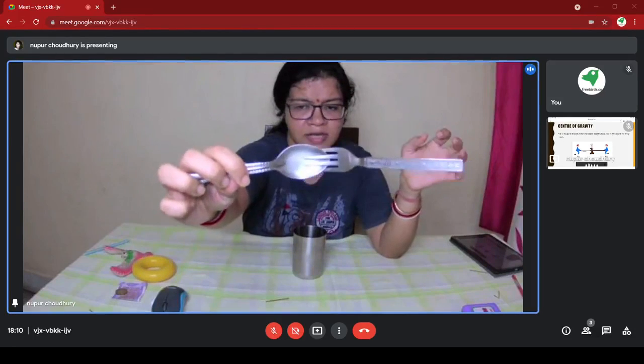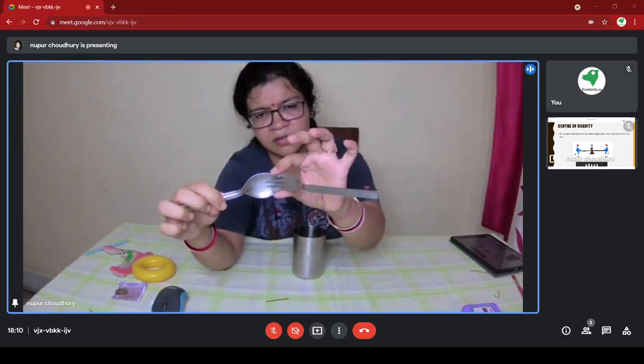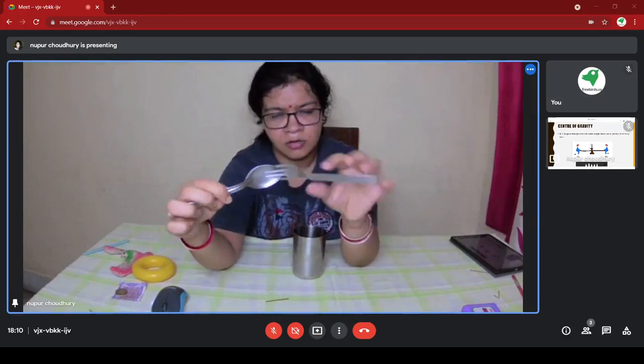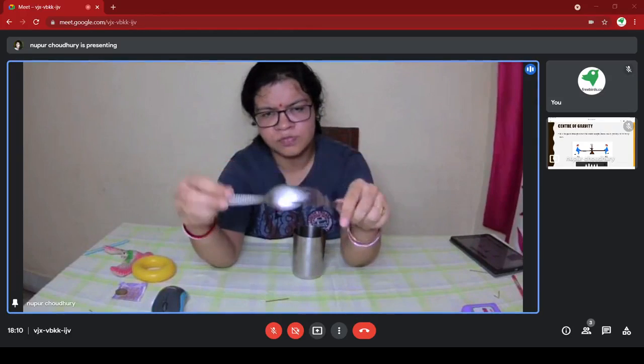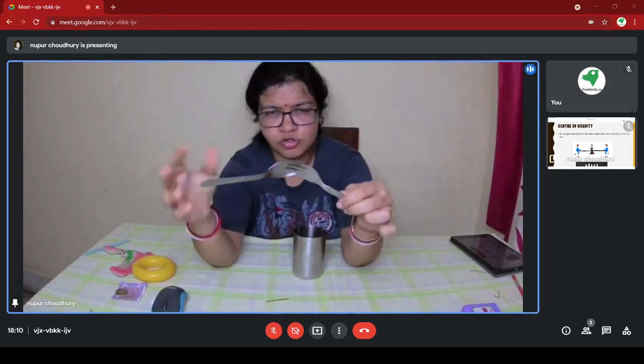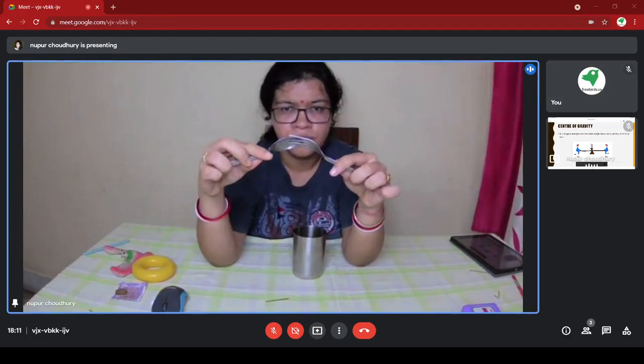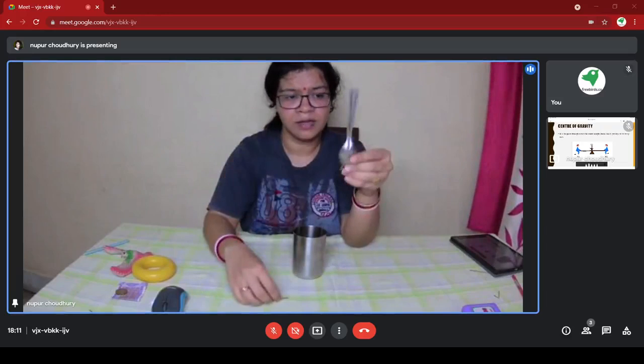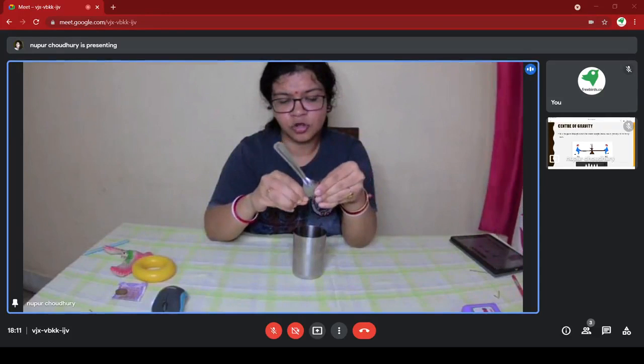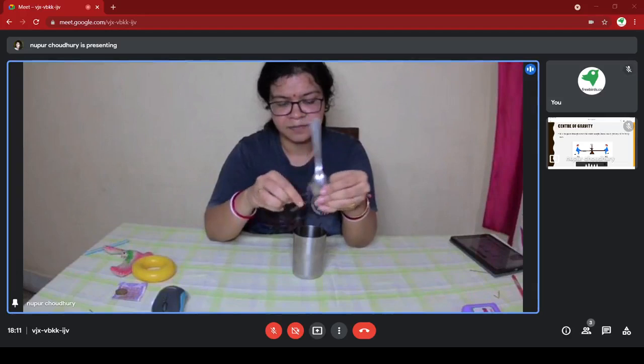You pull the edges of the fork, the boundary of the fork, and push the spoon inside. You can use 2 forks also, it is up to you. Then take a toothpick and insert it in the joint of this particular setup.